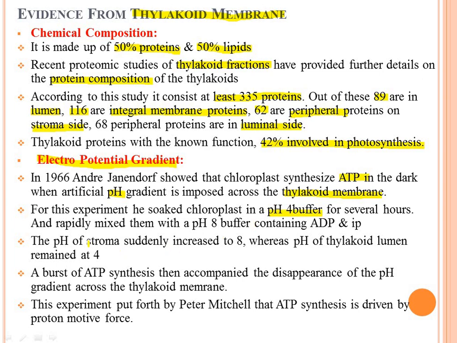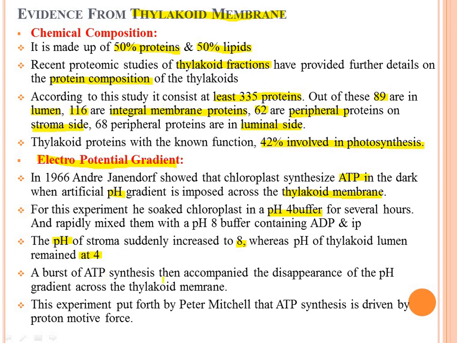The pH of the stroma suddenly increased to 8, meaning the stroma became alkaline, while the pH of the thylakoid lumen remained at 4, meaning the lumen is acidic.